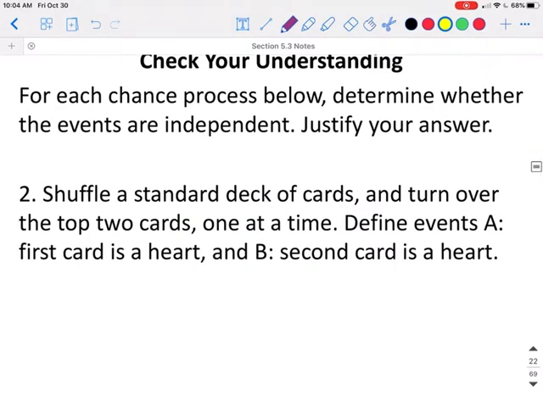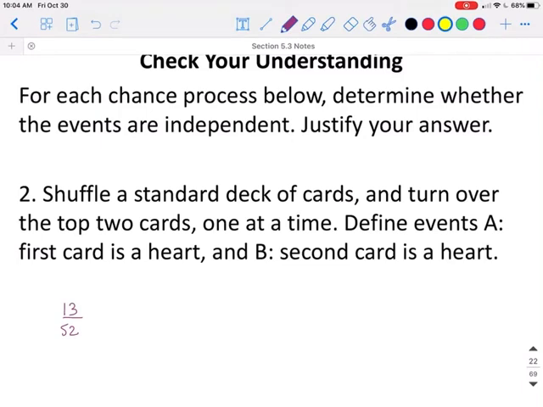Shuffle a standard deck of cards and turn over the top two cards one at a time. Define event A as the first card is a heart, and B as the second card is a heart. These would be dependent events because once you flip over the first card, whether or not it is a heart will change the probability that the next card is a heart. For the first card, there's a 13 out of 52 chance that we would get a heart.